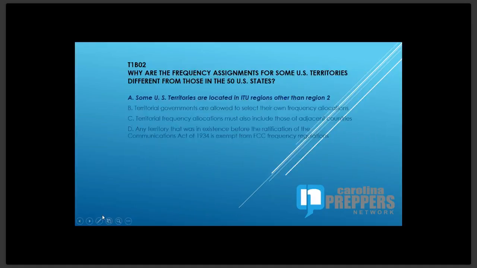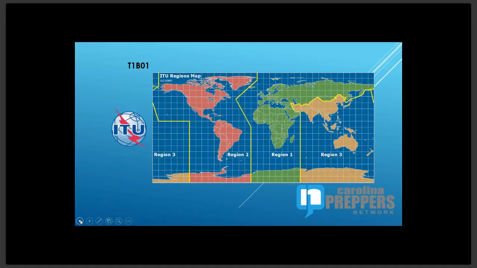Why are the frequency assignments for some U.S. territories different from those in the United States? Well, here's the reason why. The United States is one thing. We may have rules here, but Guam is in Region 3. And Guam is one of our U.S. territories.